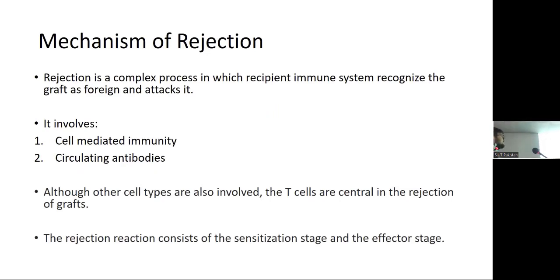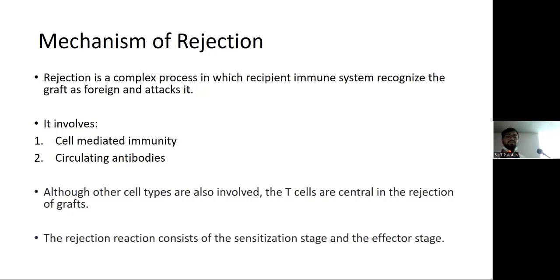Now, the mechanism of rejection. Rejection is a complex process in which the recipient immune system recognizes the graft as foreign and attacks it. It involves cell-mediated immunity and circulating antibodies. The T cell plays a central role in the rejection of the graft.